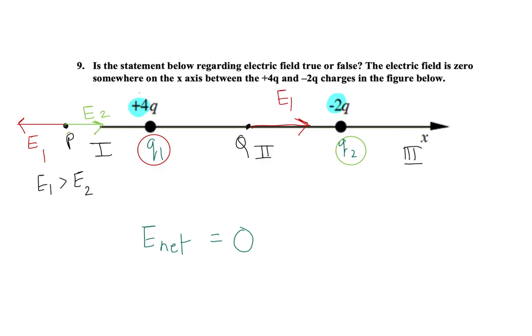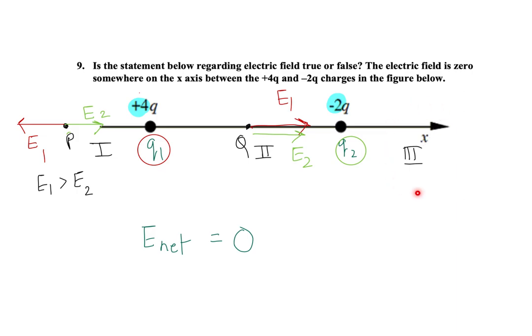And the electric field for Q2, which is a negative charge, should point towards the charge, so it will point like this, E2. What do we see here? The electric fields are in the same direction. That's not possible, that means it's not possible to cancel them out. So E net will not be 0 in section 2.